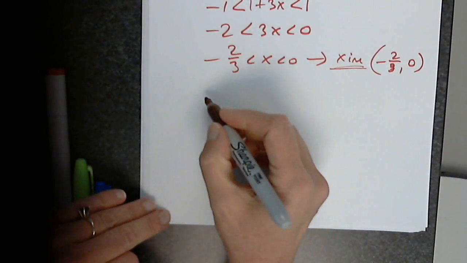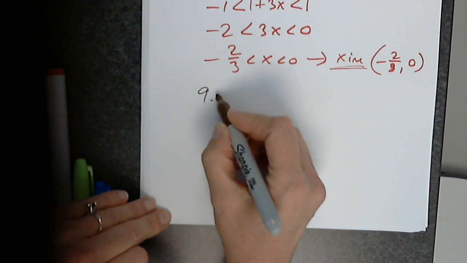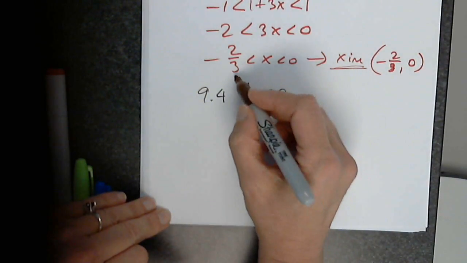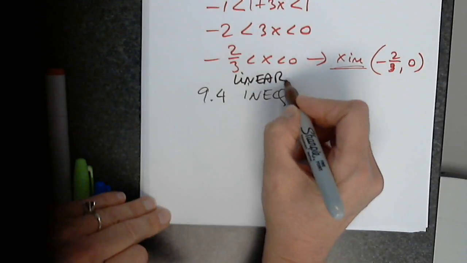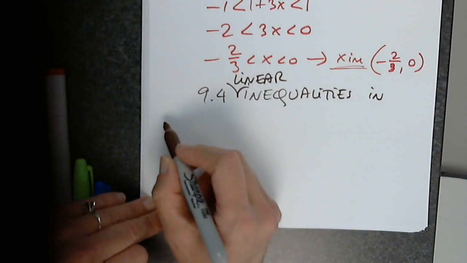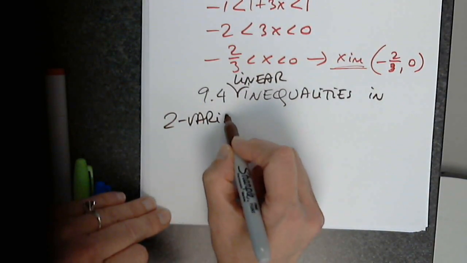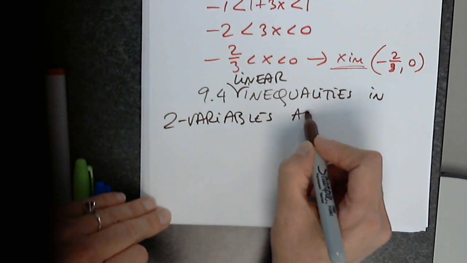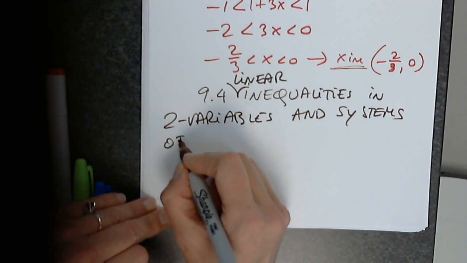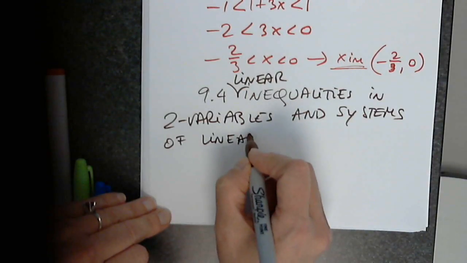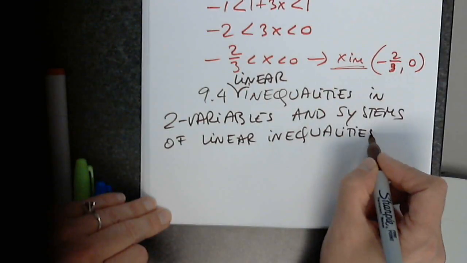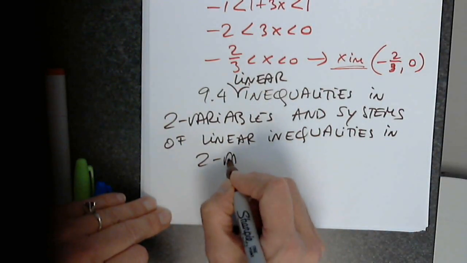The last section of chapter 9, which is 9.4, is linear inequalities in two variables and systems of linear inequalities in two variables.